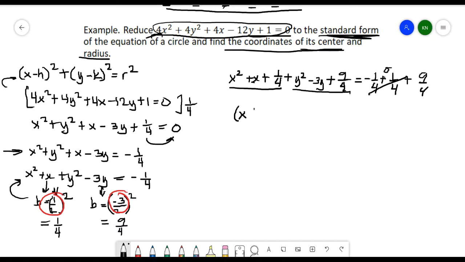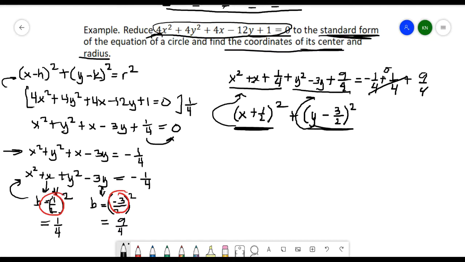So we have (x plus 1/2) squared, and the other one is (y minus 3/2) squared. If you try to expand this, it will give the same result as the equation that we have. So we have 9/4. As you can see, this is already transformed to the standard form of the equation of the circle.